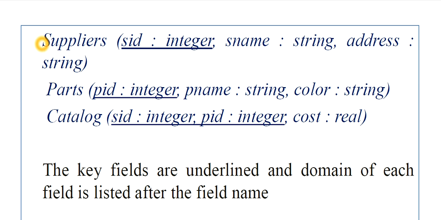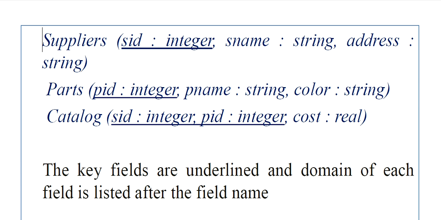Today the question was that first we have been provided with three relations: Suppliers, SID integer, S name string, address string; Parts, PID integer, P name string, color string; Catalog, SID integer, PID integer, and cost real. The underlined ones are our primary key fields.